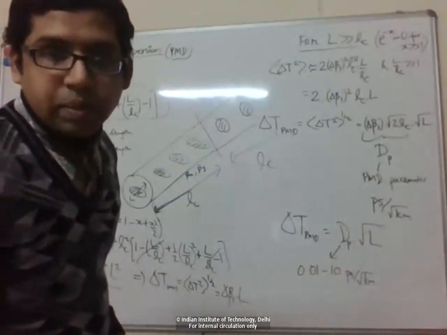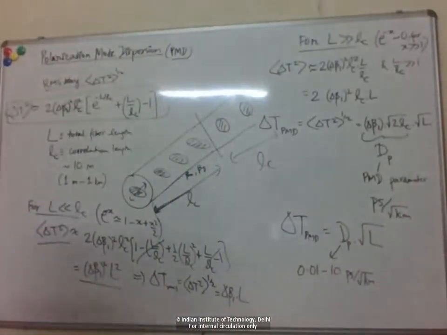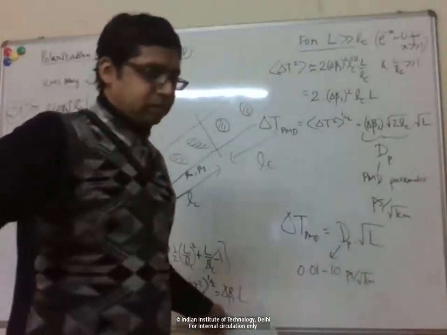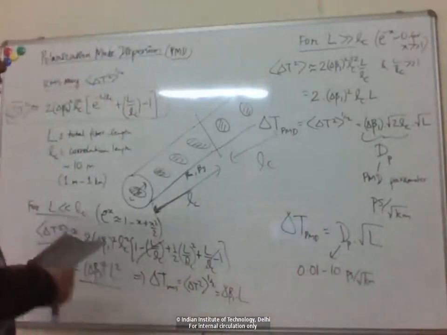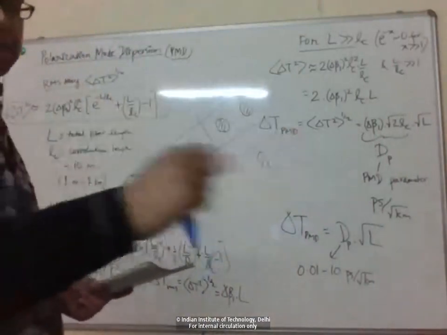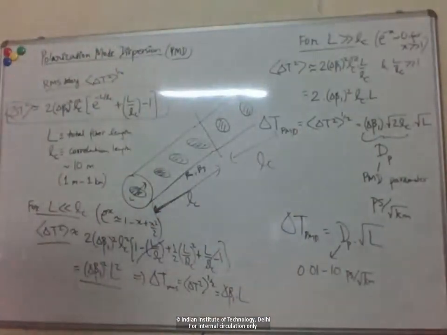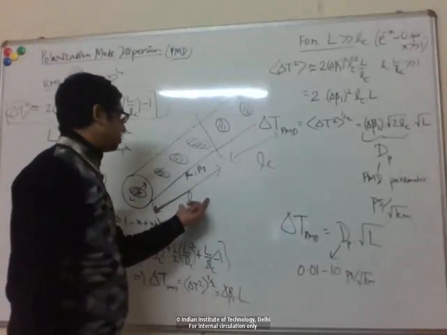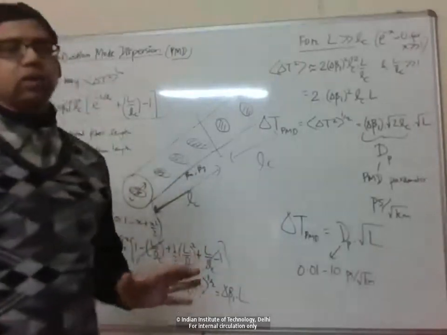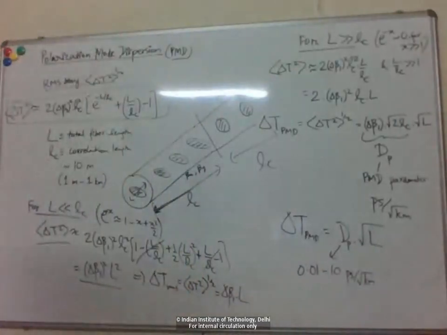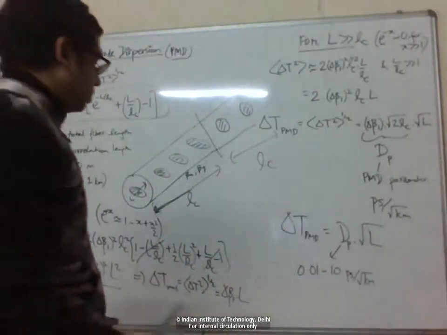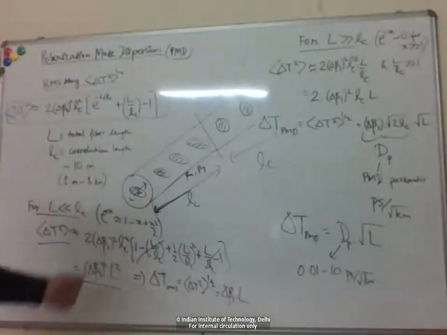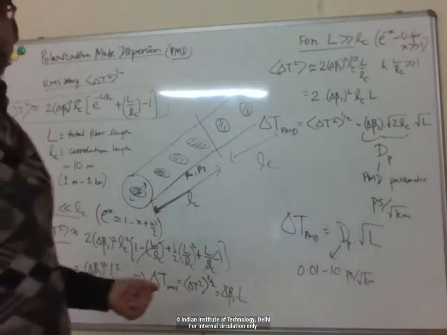Again, somebody asked whether LC is not the beat length. Beat length is, if you had a constant birefringence fiber, the length after which the polarization becomes the same as the input. Whereas here the correlation length is the length over which the birefringence is roughly constant. So by definition they're not the same, but they're of the same scale for a typical single mode fiber.